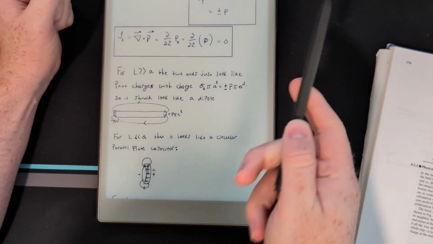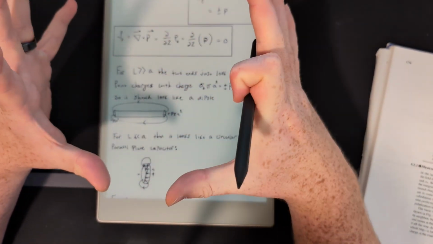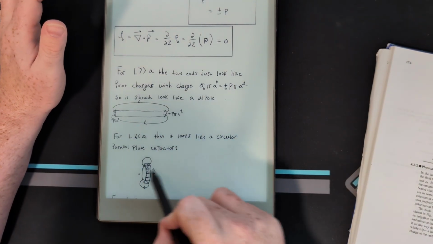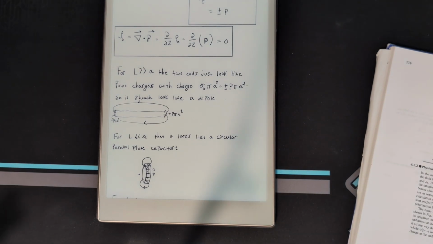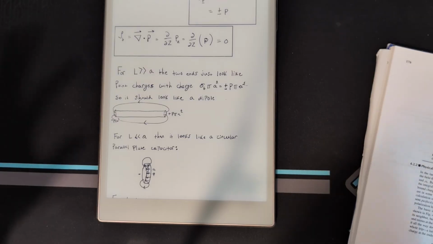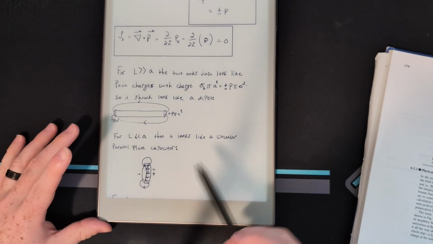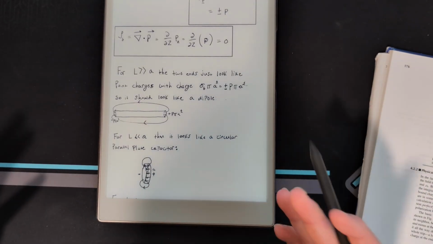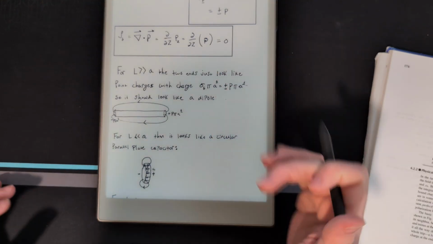And then as we know, the fields at the end of a capacitor like this will start to bulge out, and eventually you'll get these circulating fields. If you're interested, Google the electric field of a parallel plate capacitor and see what I mean. I just drew a rough sketch. The problem doesn't ask you to find the field. It just asks you to make a sketch of what the field might look like.